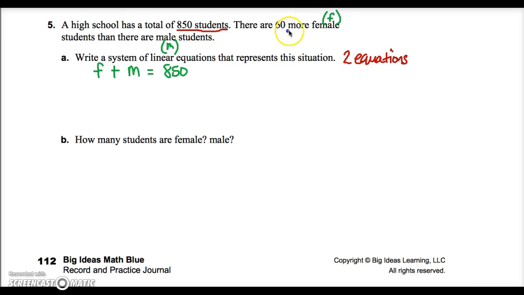There are 60 more female students than there are male. So there are more girls than there are boys. So to get the number of female students, we would have to take the number of male students and add 60. So here is our system. We have our 2 equations set up, and we will work on solving this at a later time.